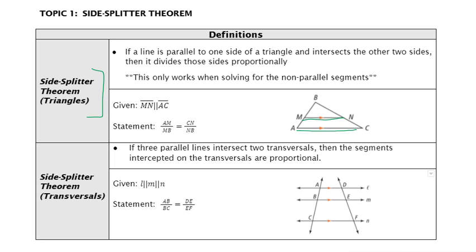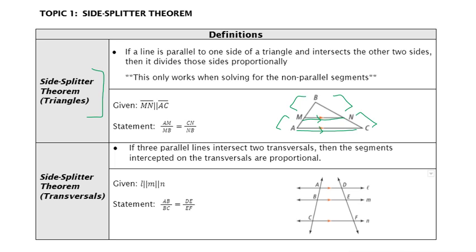If we have two segments that are parallel to each other, we're going to end up dividing those non-parallel sides proportionally. So AM over MB is going to be the same as CN over NB. So I can break that up into a proportion.